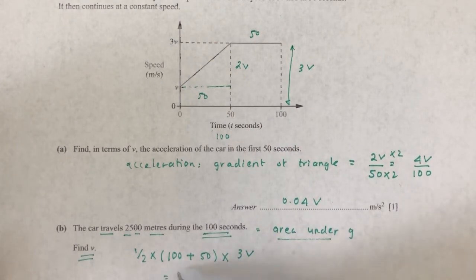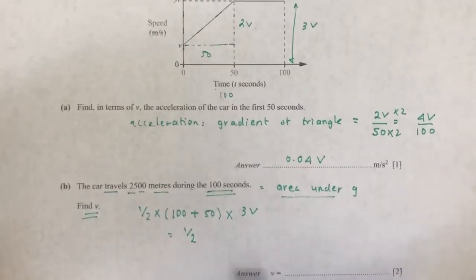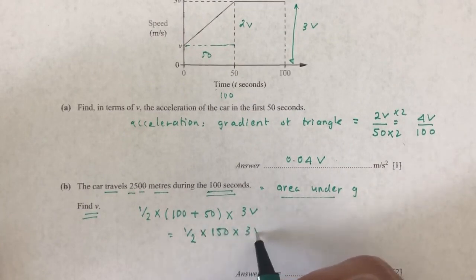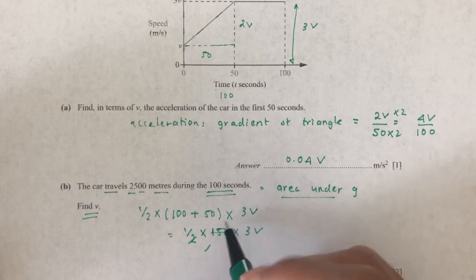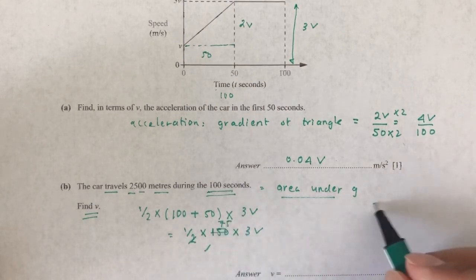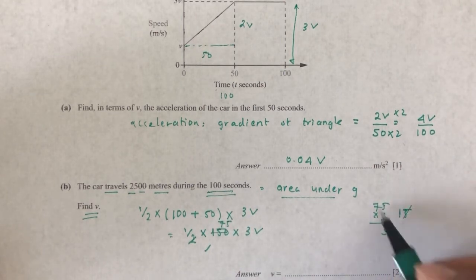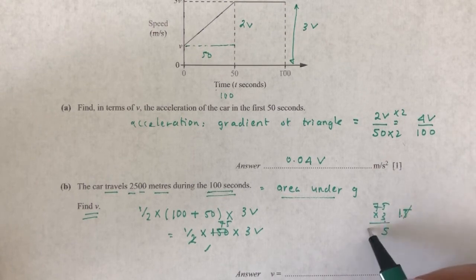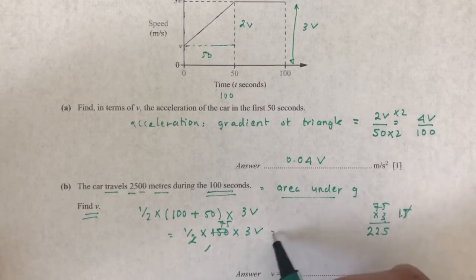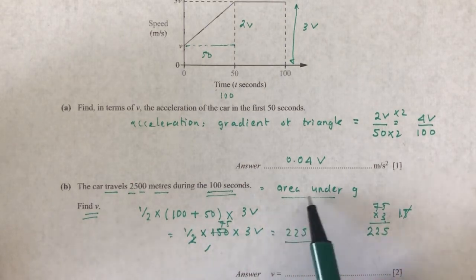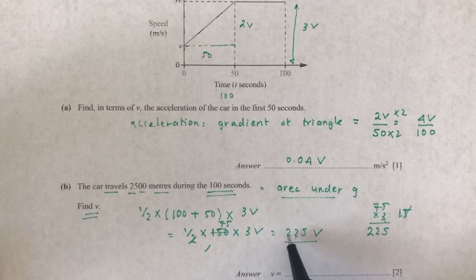So now we simplify. We have half times 150 times 3v. 150 divided by 2 will be 75. So 75 times 3 will be 5 times 3 is 15. 7 times 3 is 21 plus 1 will be 22. So your answer will be 22.5v. So now this is the area in the graph, 22.5v, which is also equal to 2500.